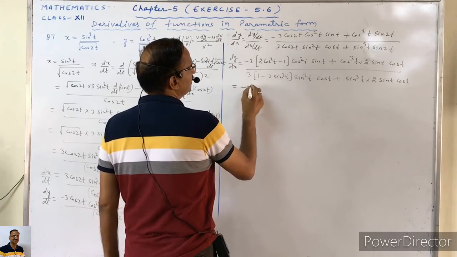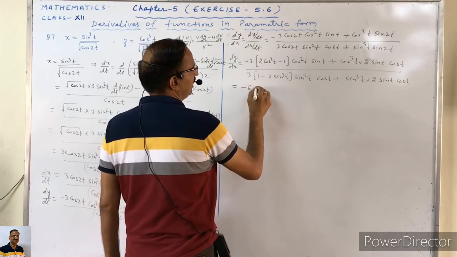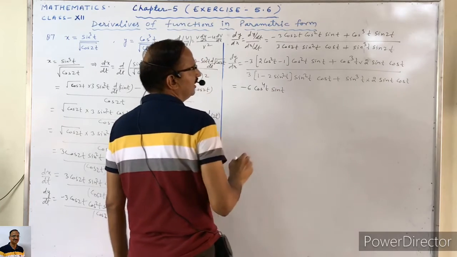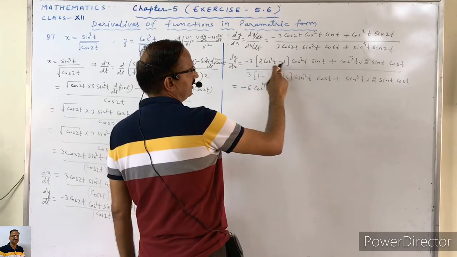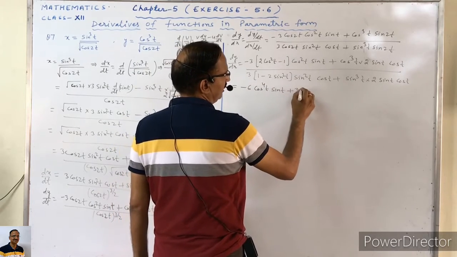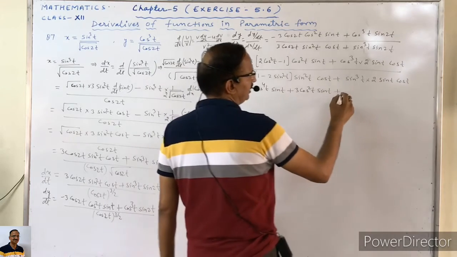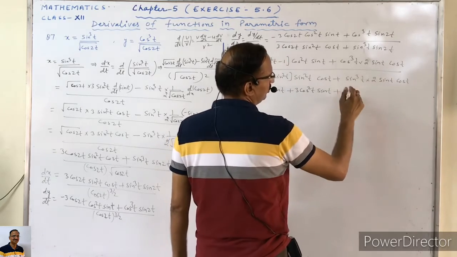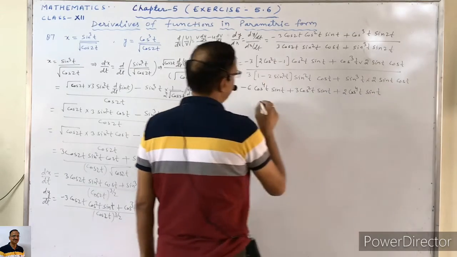We will get minus 6, and when we multiply these two terms with this cos square t, we will get cos 4t and sin t. Now when we multiply this term with minus 1, this minus 3 and this minus 1 becomes plus 3 cos square t sin t. Now this is 2 cos t and cos cube t is cos raised to power 4 t and sin t.